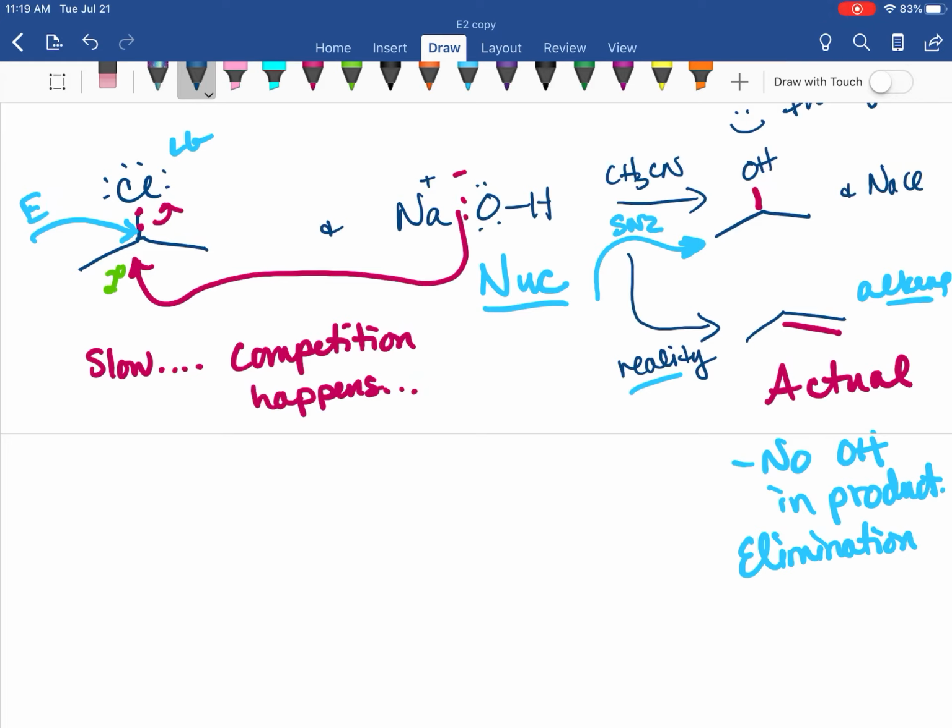Okay, so let's go back. We had a little bit of vocab. We were doing a little bit of a review here, and we're talking about this SN2 competition. When we hit this secondary electrophile, this is a much slower reaction. This is where competition starts to happen. So our SN2 reaction is actually in competition with an E2 reaction.